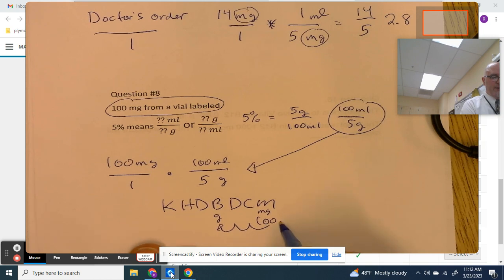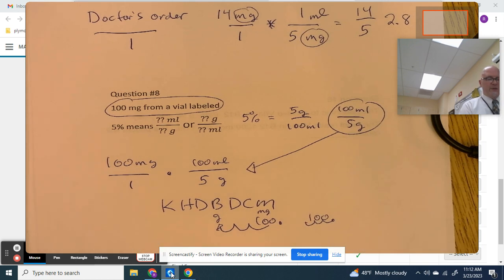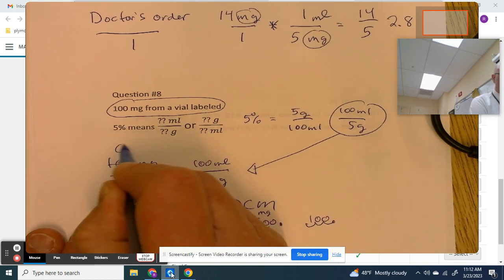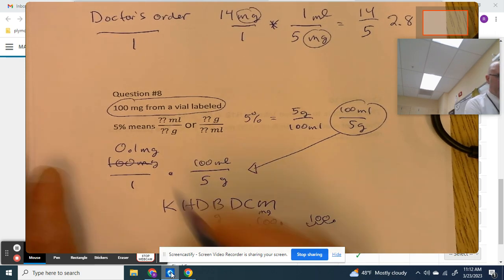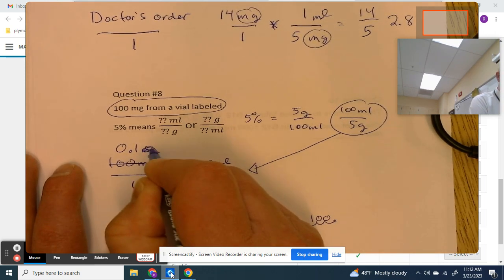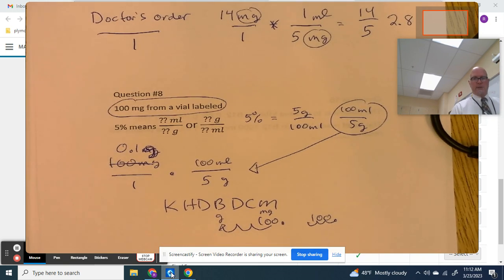So that means my number, which was 100 with a decimal after it, is going to move 1, 2, 3 spaces, which changes this answer to 0.1 milligrams. Sorry, grams. Grams. That's a G. Okay? I apologize. That's a G.